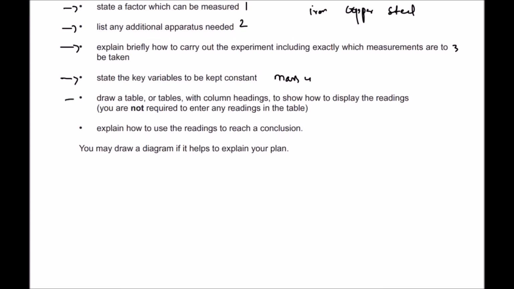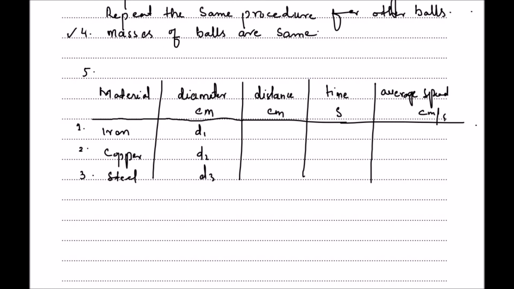The next point is to draw a table with column headings to show how to display the readings, and you are not required to enter any readings in the table. Now we are going to draw a table in which you record your observations. This is a table of observation. You can draw a table like this.